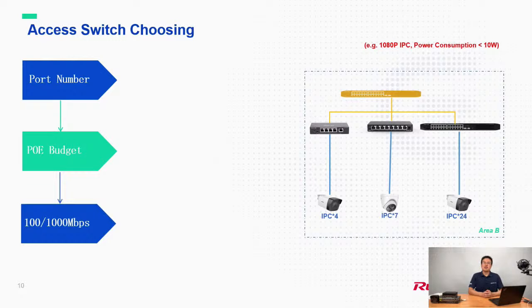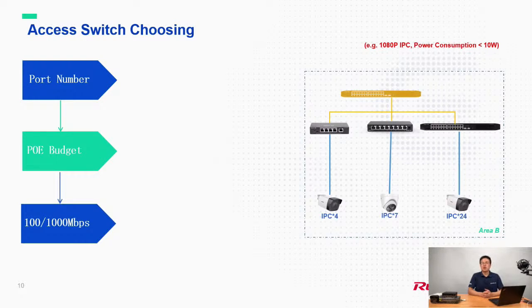For choosing the access switch, there are three conditions. The first one is port number. As you can see in the topology, there are 4 IP cameras, 7 cameras, and 24 cameras connected to each switch.